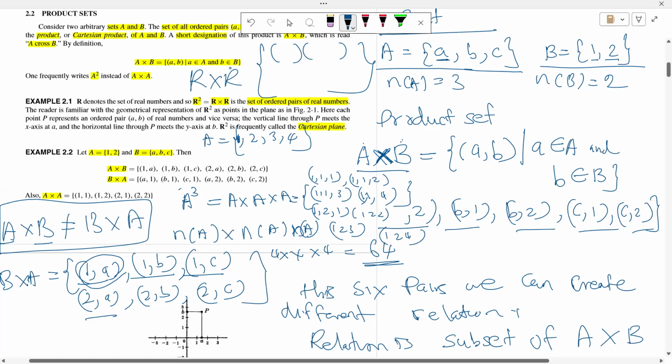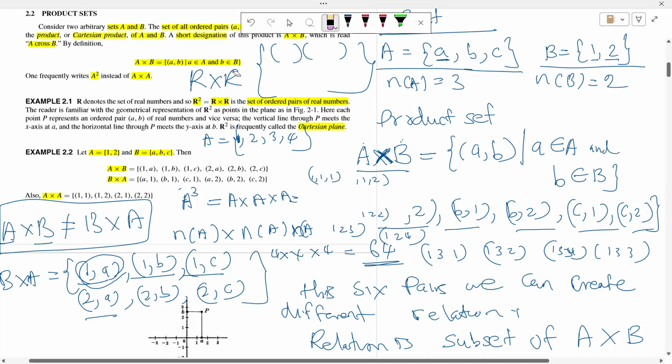Similarly, 1, 3, 1, then 1, 3, 2, another pair, 1, 3, 3, another pair, 1, 3, 4, another pair. Likewise, you can write altogether 64 ordered pairs. So A cross A cross A means you can create 64 pairs. In the product A cube, it has 64 pairs, right?